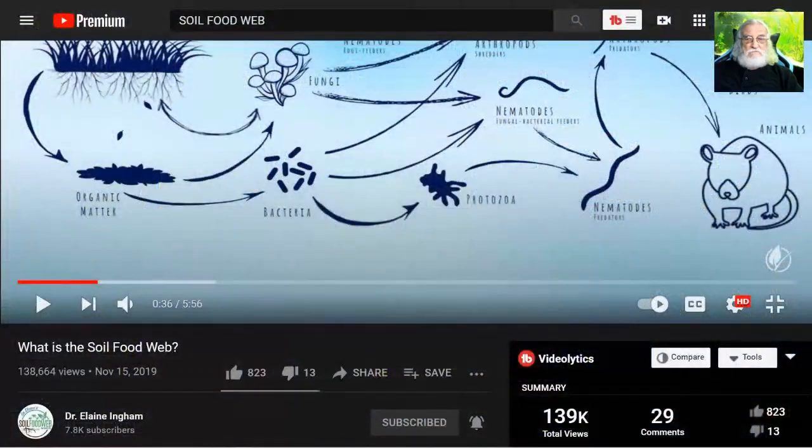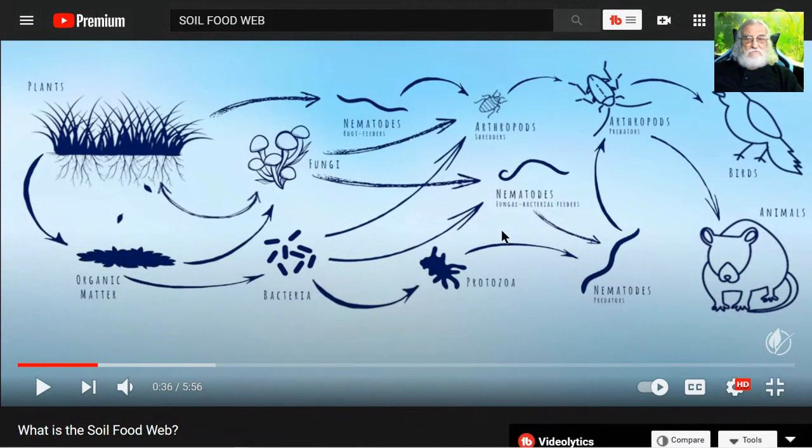Let me show you a picture. Here is an example of a food web. This is a food web occurring in soil. Here's the soil up here. This is organic matter. Organic matter is mulch, for example.